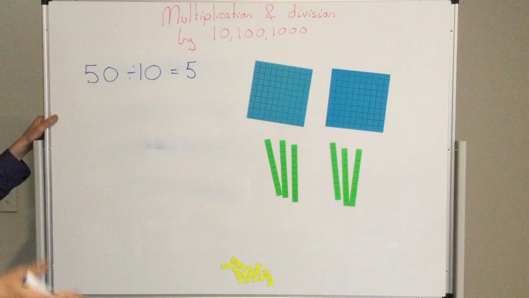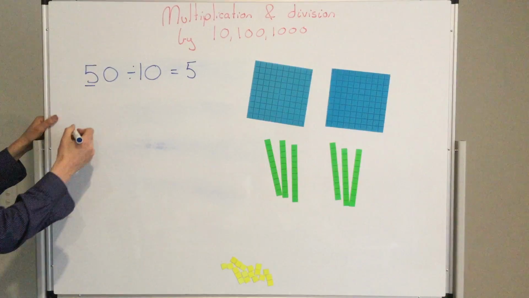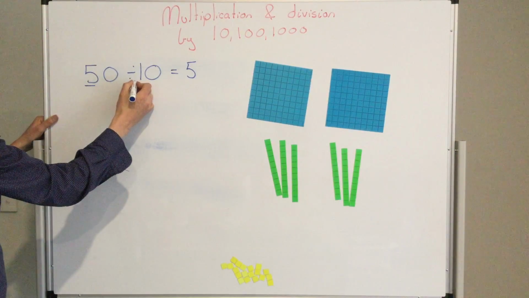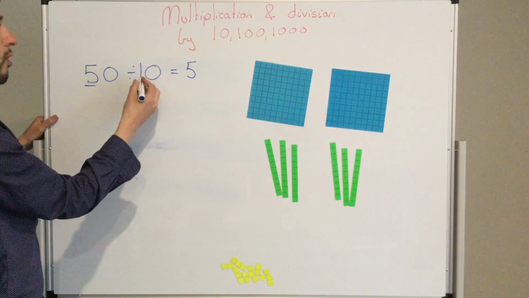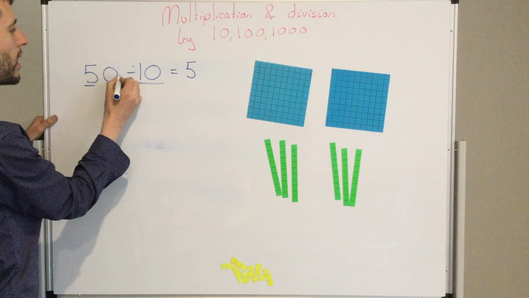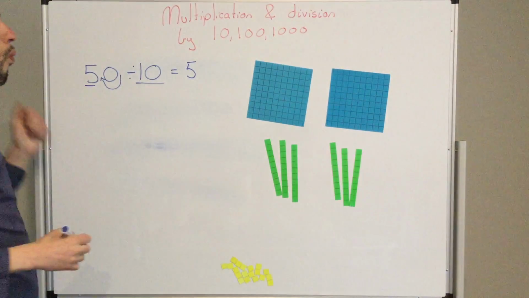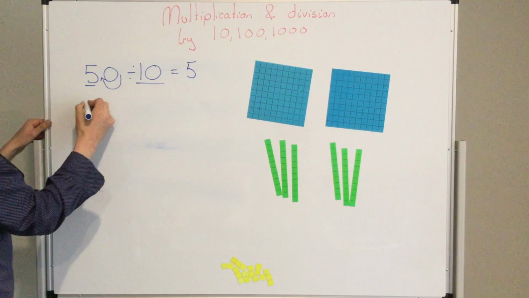So we're using our fact family. Now we can have a look at this question. 50 divided by 10 equals 5. Because we're dividing by 10, it's got 1 zero. That means we are moving the decimal place 1 spot to the left. It's getting 1 spot smaller.